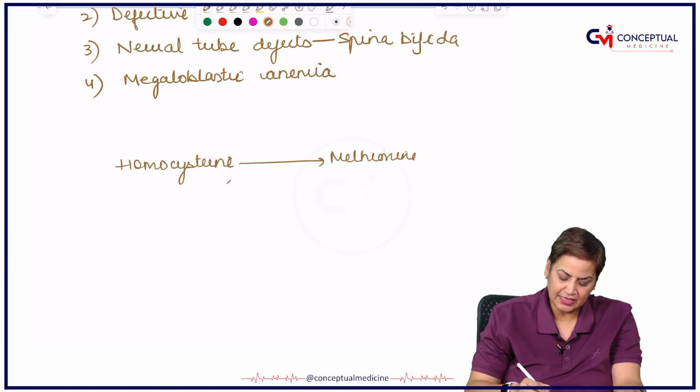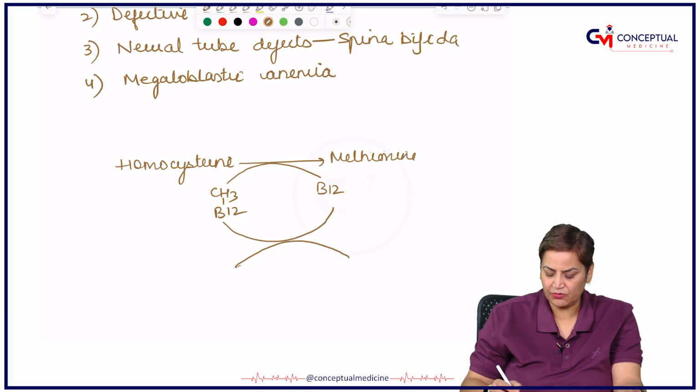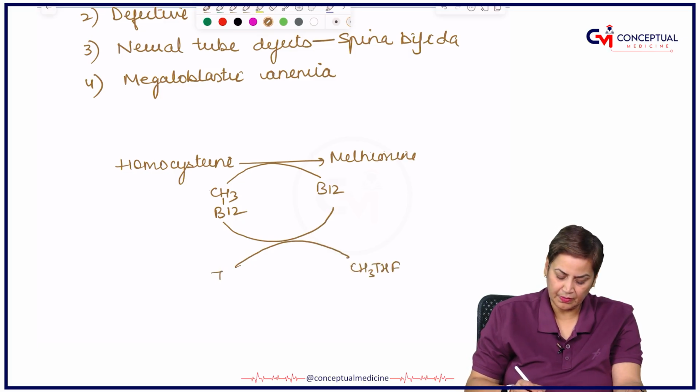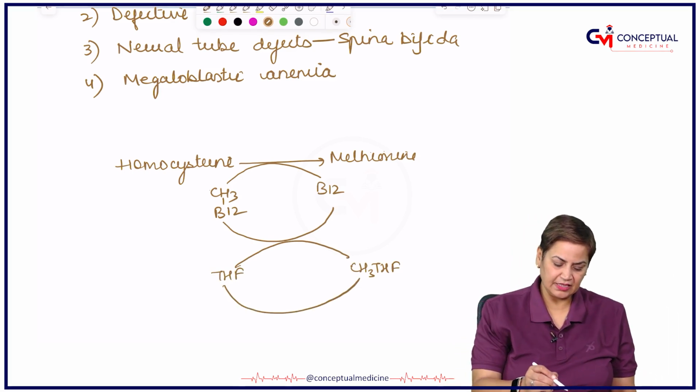So what happens here is, B12 is just acting as a carrier, so I can simply write CH3B12. And this is coming from CH3THF. Now, so there can be two cases.